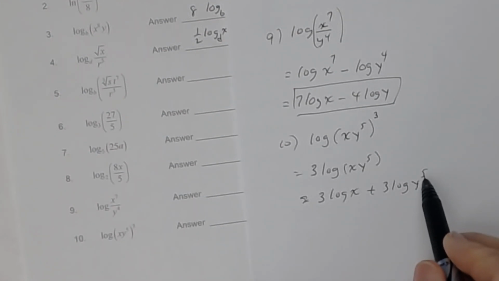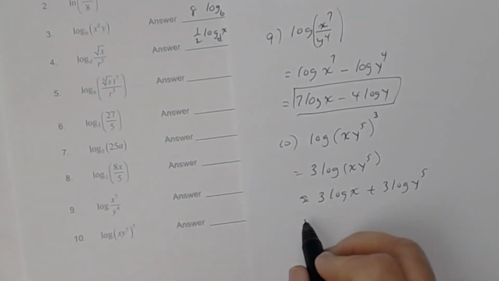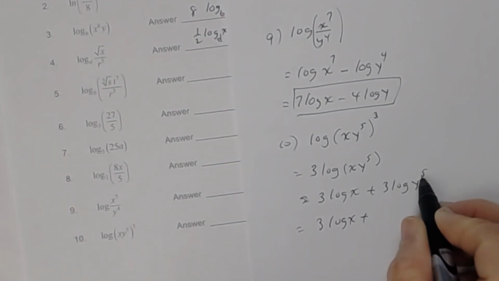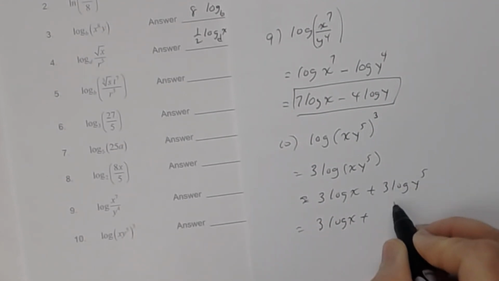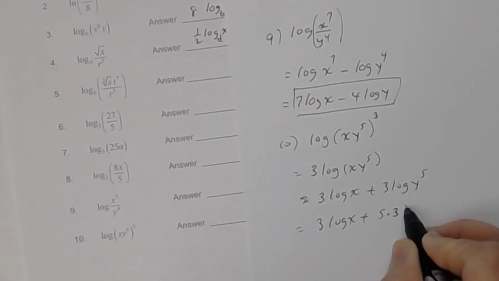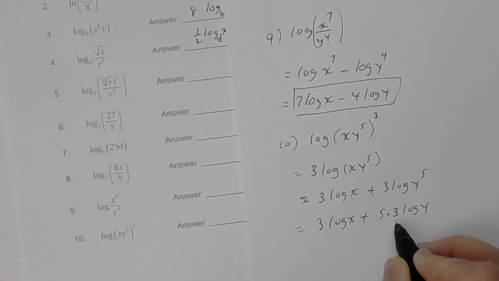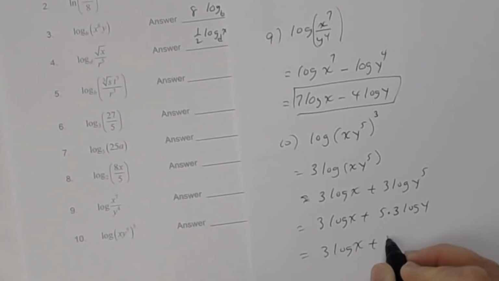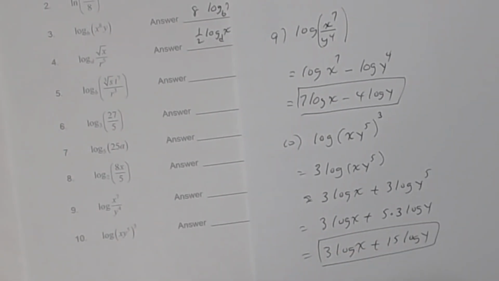Now this exponent is 5, so I'm going to use the power rule, write it out in front. So this becomes 3 log x plus 5 times 3 log of y, and 5 times 3 is 15. So I get 3 log x plus 15 log y. And so that's the answer there.